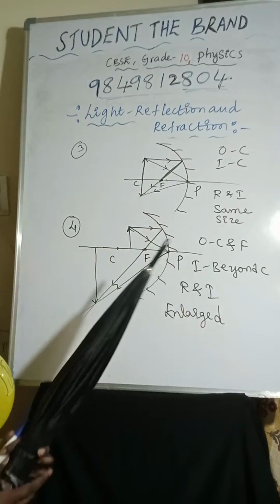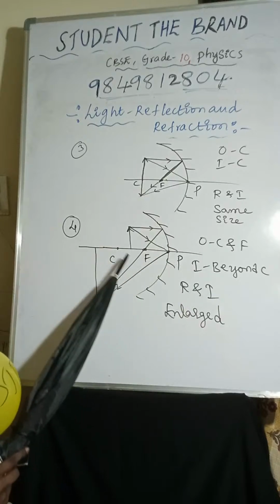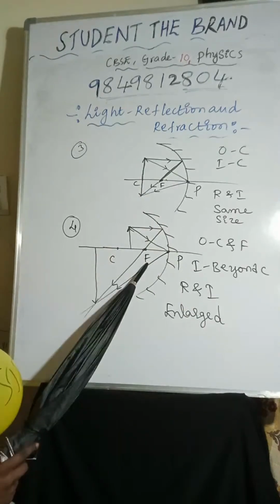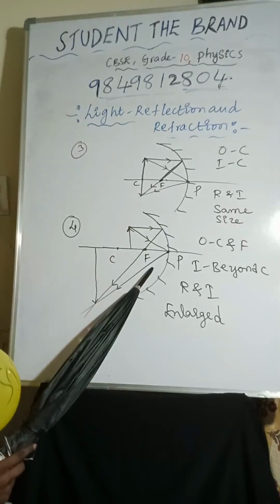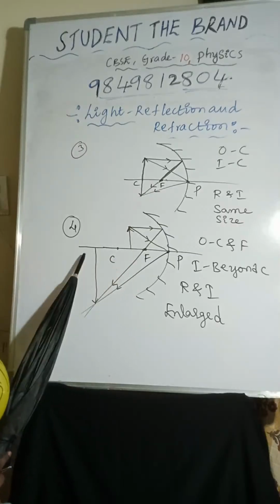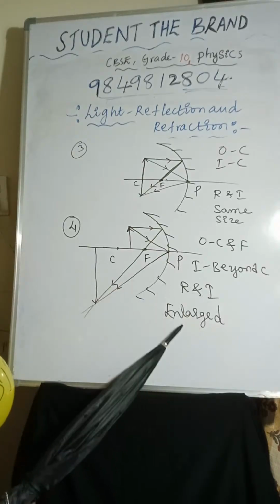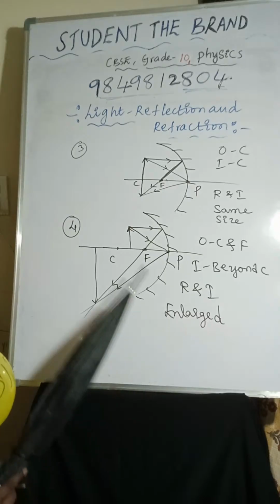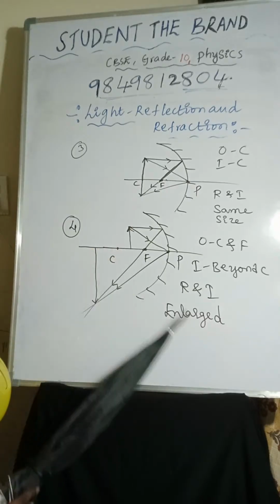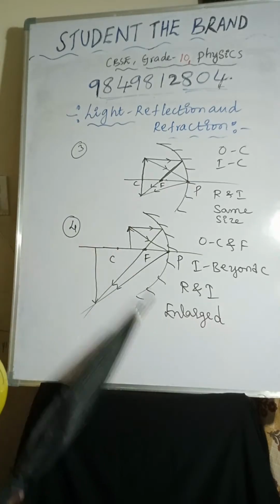Coming to this case, object is placed between C and F. Image is forming beyond center of curvature. Nature of the image is real and inverted. Size of the image is large. Compared to the object, image size is increased. So these are the two image formations.